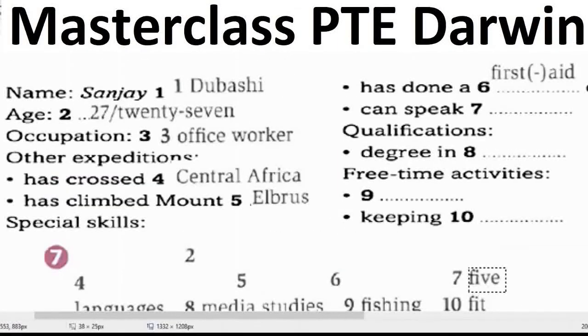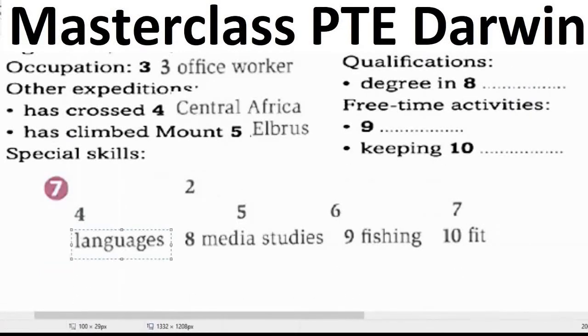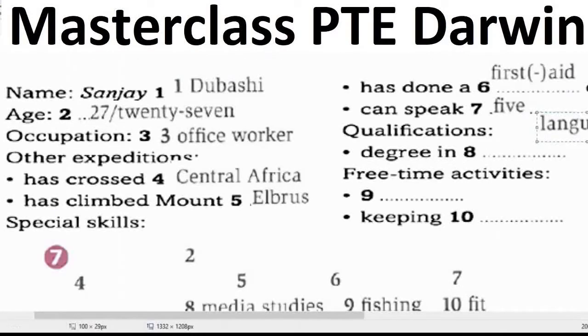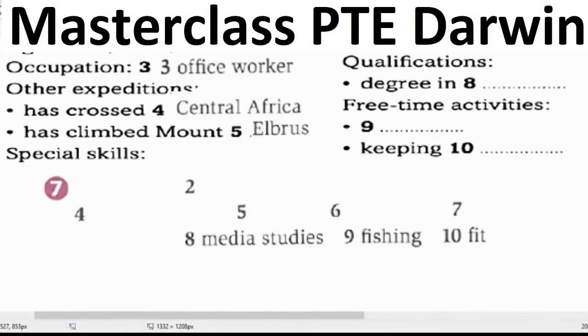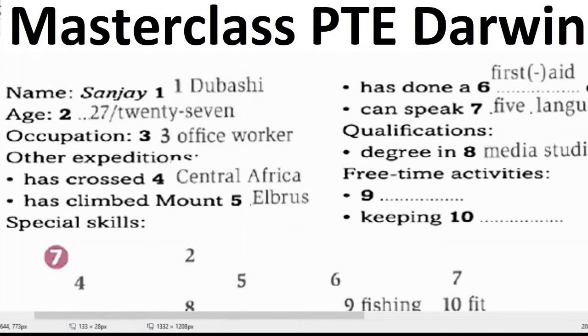So 5 you can write numerically, and because it's plural, it would be languages. And a degree in media studies. He has a university degree in media studies.